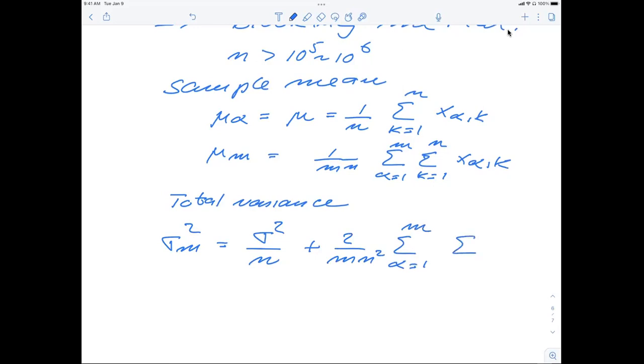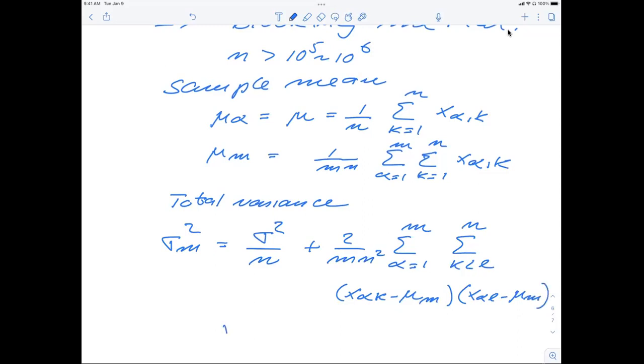Then we had this double sum over k less than l, running up to n, of x alpha k minus mu, and in principle this could be different, but we actually put it equal to mu of n, times x alpha l minus mu of n.